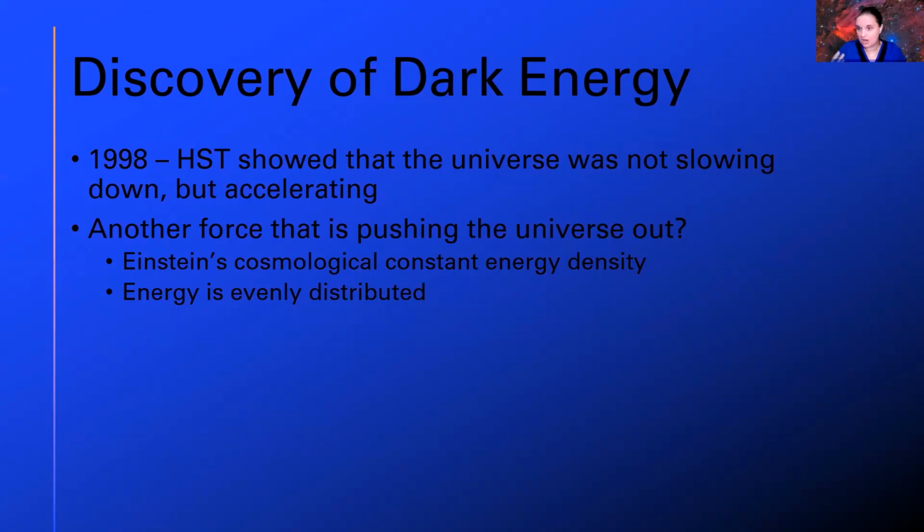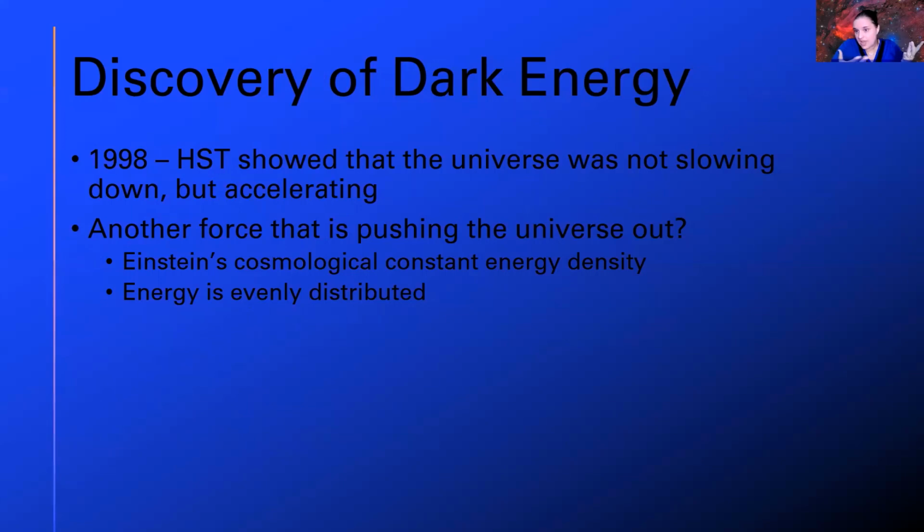So hence dark energy. It was first predicted by Einstein. In fact, he called it his biggest mistake, because he wanted to create a universe where it was steady, stable, in a constant state. So he predicted that the universe had constant energy spread across it to keep it in this quote unquote stable state.